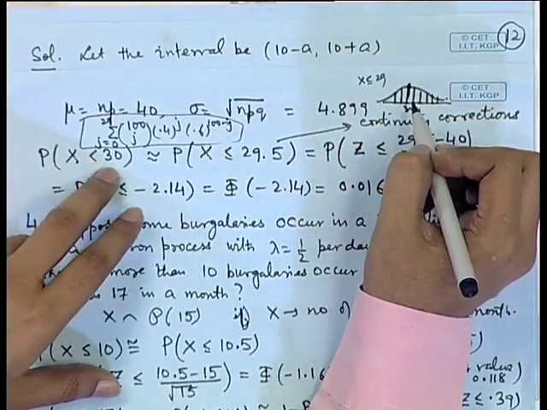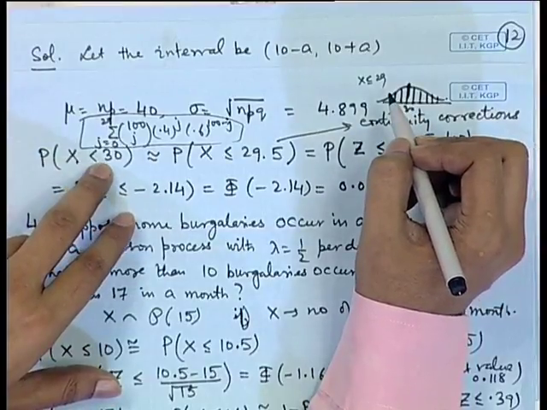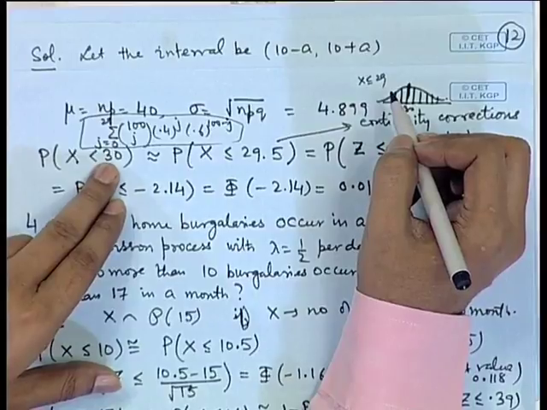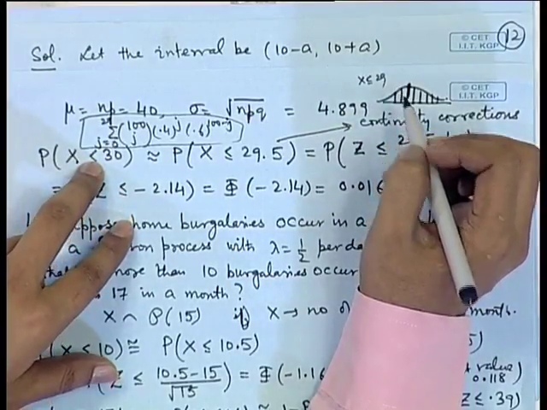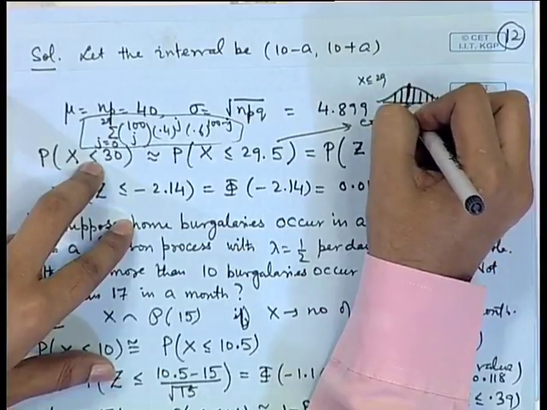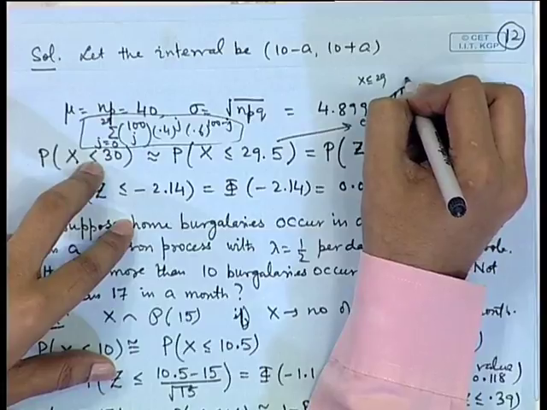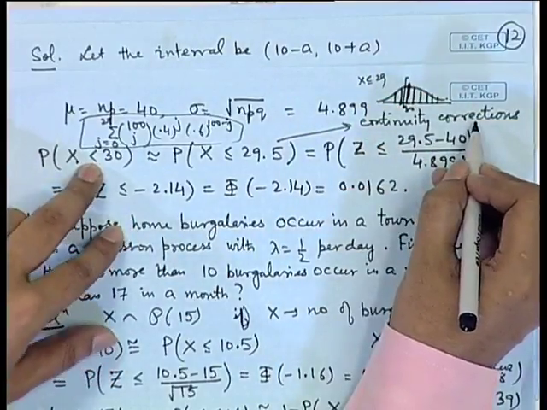So, in that case, if we had approximated it by normal, we should have written x less than or equal to 29, whereas here if we write straight away, we will write x less than or equal to 30, because in continuous distribution the probability of a point is negligible. So, a better thing would be to take a middle value between 29 and 30 as 29.5. So, this is called continuity correction.